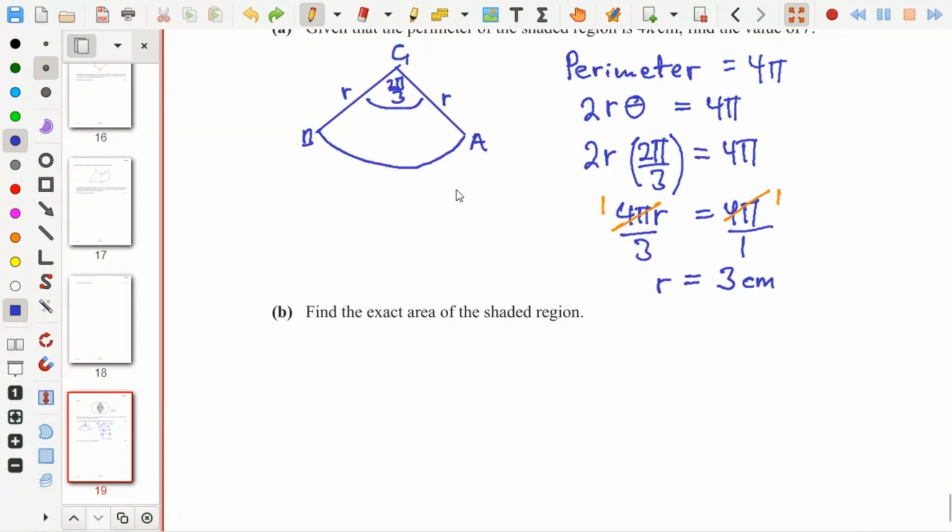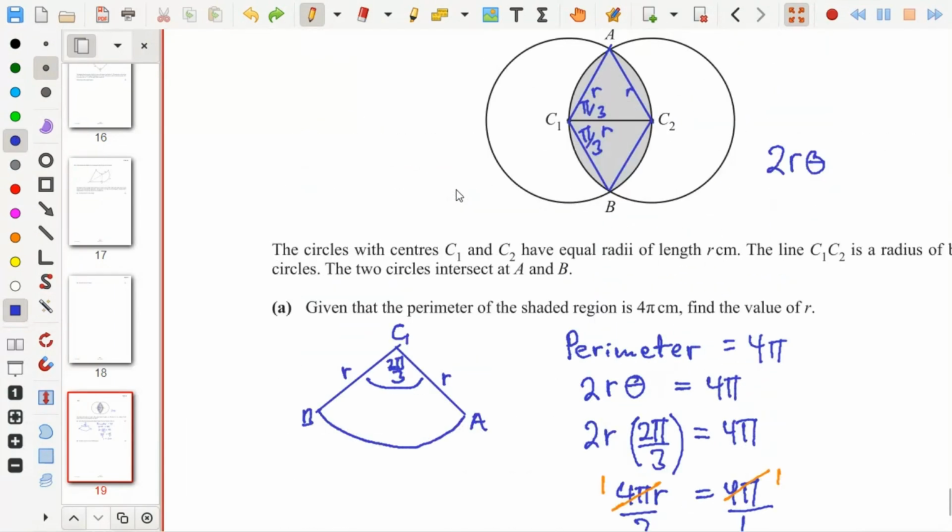Find the area of the shaded region. The area of the shaded region. Can I do something on this diagram? Now we know that the angle here is 2 pi on 3. This is a sector, can you see?